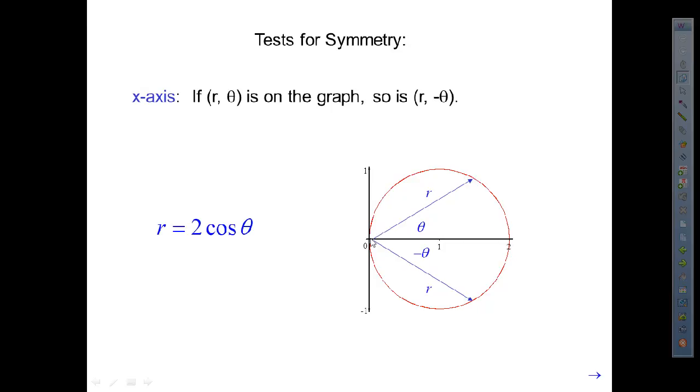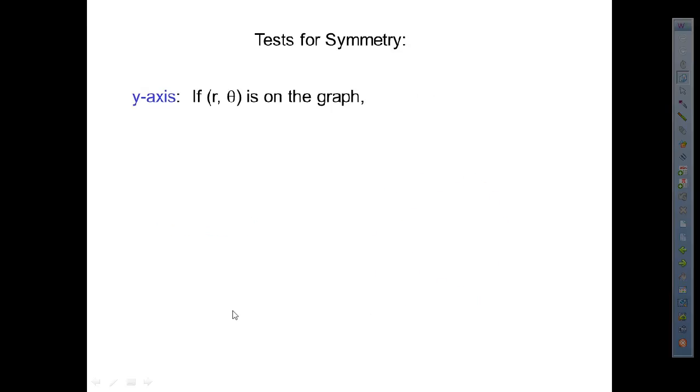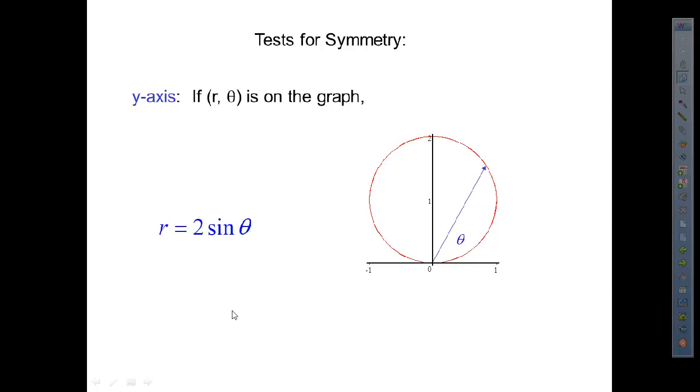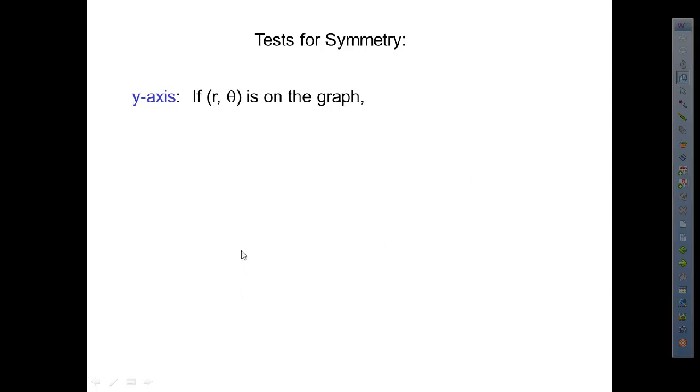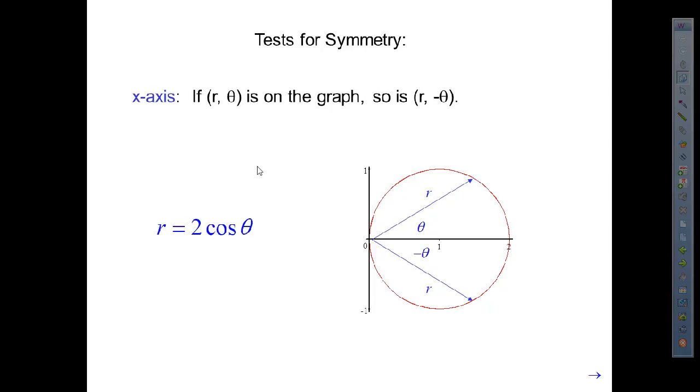Now keep in mind we're coming from the origin and it's defining that point right there. That's my point. And then r, negative theta is defining this point right here. Don't think about these as vectors. They're actually not. They're just defining where the point is. All right, so that's what we're talking about when we have x-axis symmetry. We'll talk about the tests in just a second.